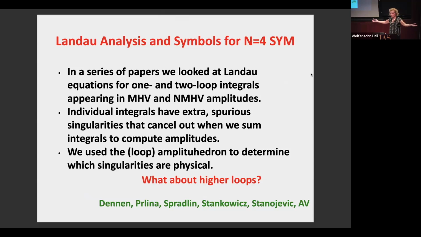So for 2 loops, you can take Yara and Jake and Nima's integral at 2 loops and solve Landau equations. And this is indeed what we did about 10 years ago. And of course, you immediately start finding spurious singularities. Again, a lot of work has been done, but this is again 10 years ago. At that time, we could use the amplituhedron to exclude some singularities. So it's under good control at 2 loops.